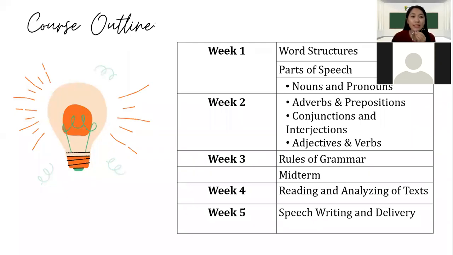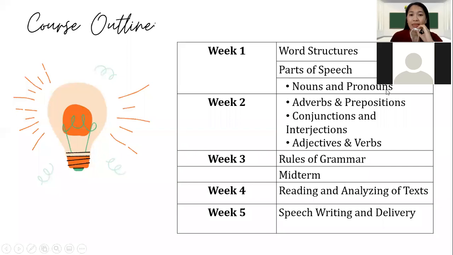Okay, so this is the course outline. For the 6-week class, this is what you are going to learn. For week 1, you are going to learn word structures and then parts of speech specific to nouns and pronouns.